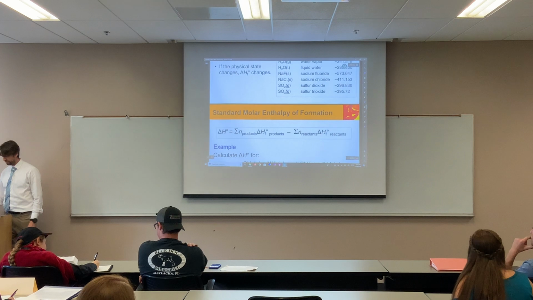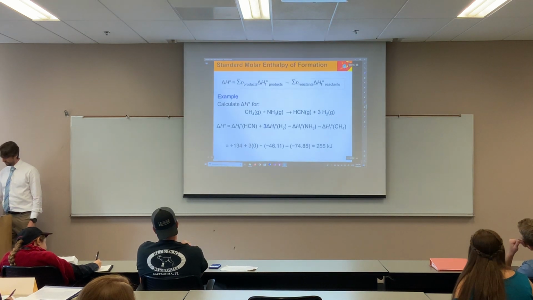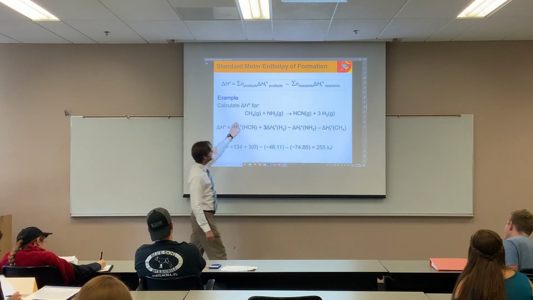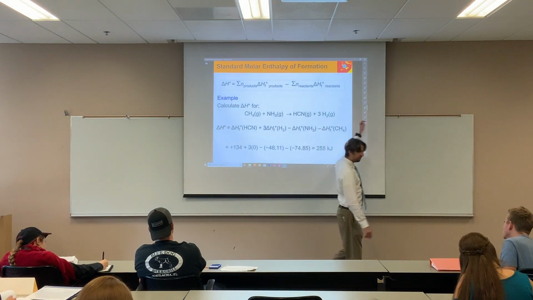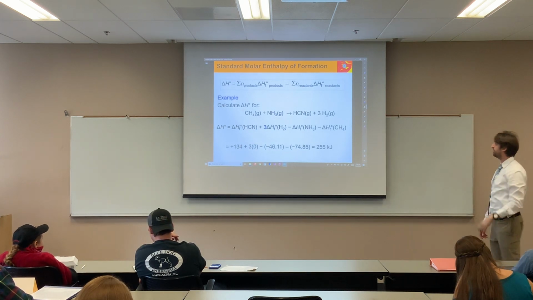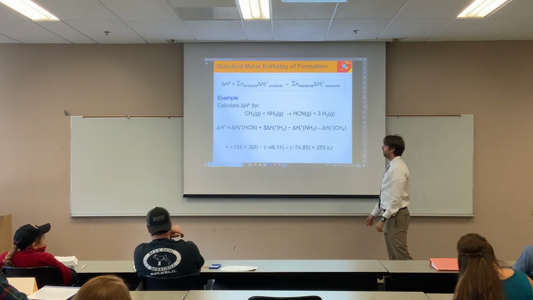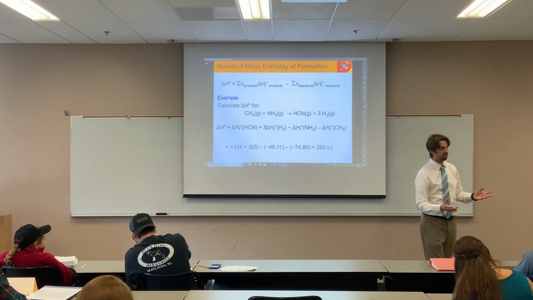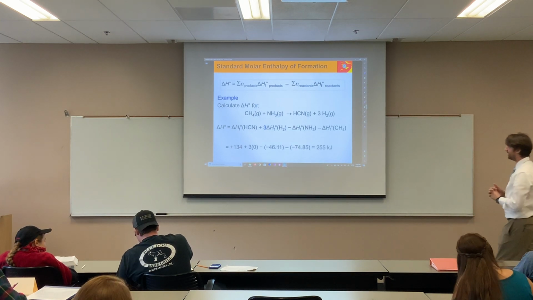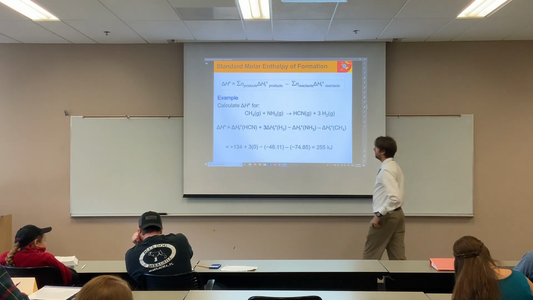So here's what I mean. If we have a question that says calculate delta H for this equation here, first thing you need to do is make sure that it's balanced. You guys can assume that I gave you a balanced equation in this case.